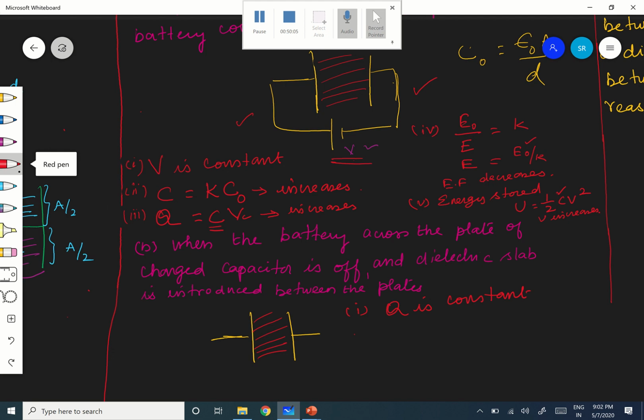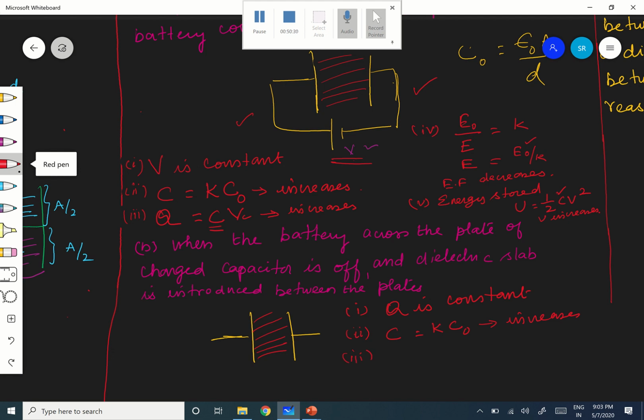Next, the second one. What is the second one? C, as usual. What is C? C is equal to K C naught only, whether the battery is there or not. Once you introduce a dielectric, definitely the capacitance will increase. It increases.